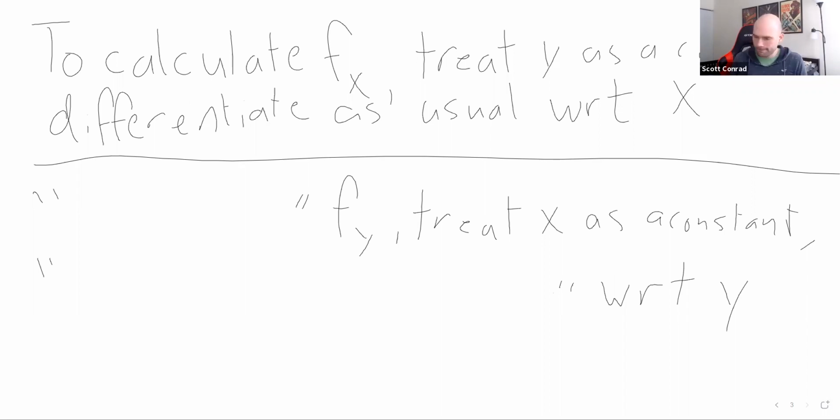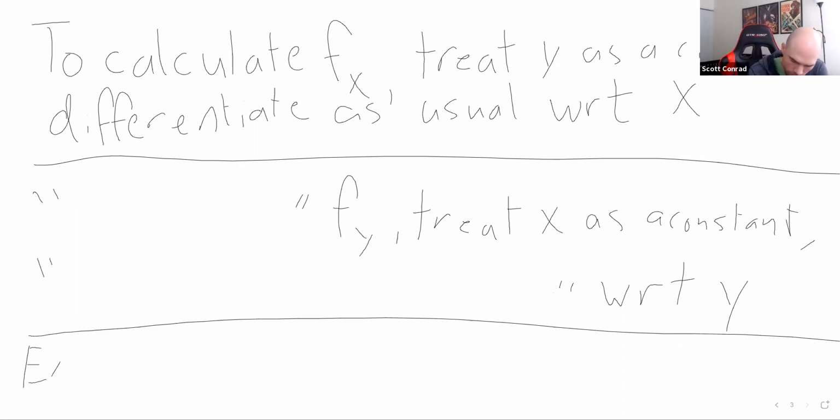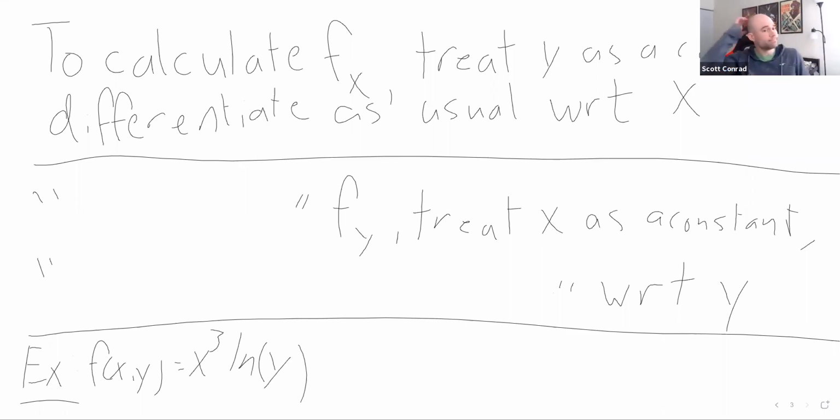So for example, suppose our function is, say, x cubed natural log y. It's a function of two variables. So if we want to calculate the partial with respect to x, we now treat y as a constant. So in our function, natural log y, we're thinking in our head that is now a constant.